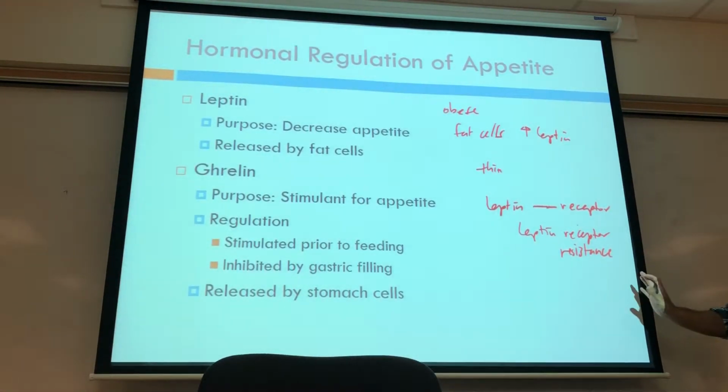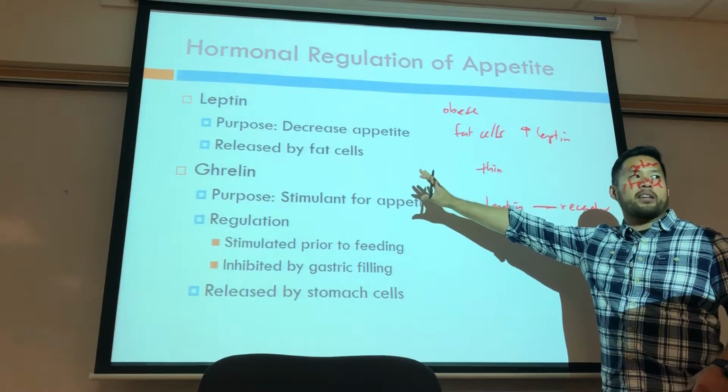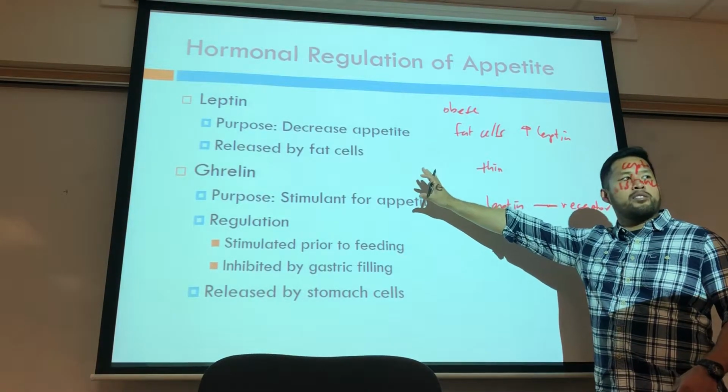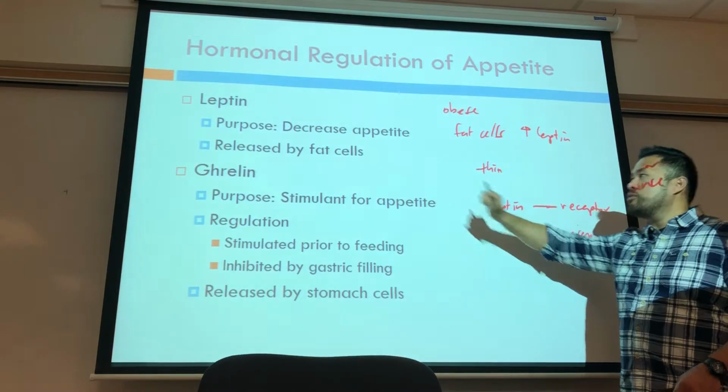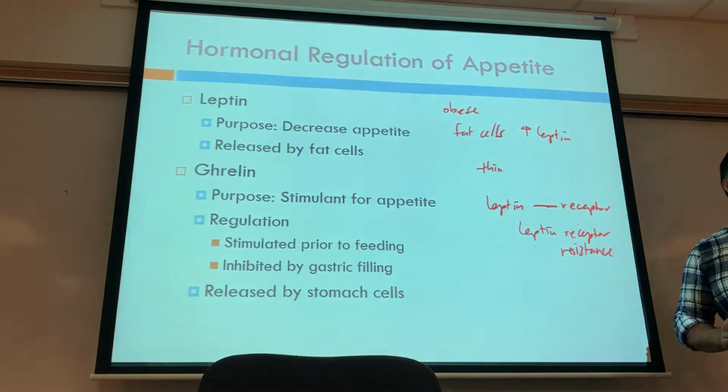So the issue that was skirted by the people that studied those knockout mice was that it had nothing to do with leptin itself. It was all due to the leptin receptor. So in these cases, this leptin receptor resistance is basically saying that in the cases of morbid obesity, their fat cells were constantly producing leptin, but it couldn't bind to the receptors to decrease their appetite.